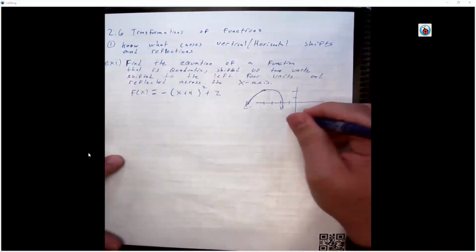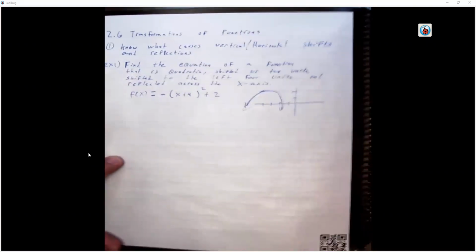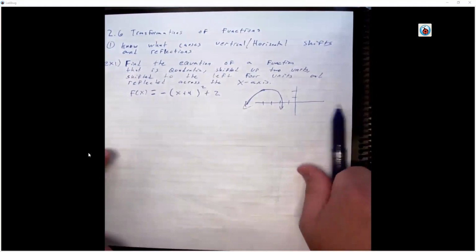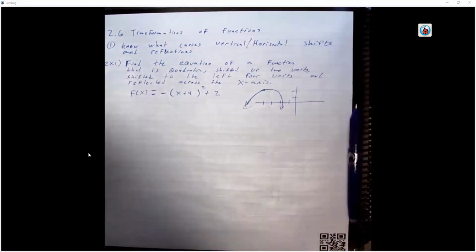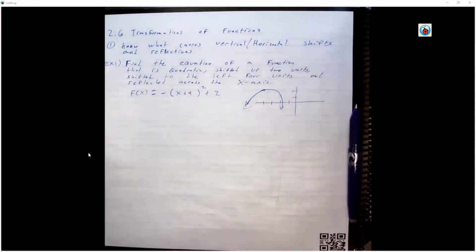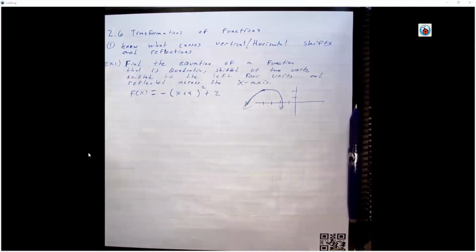Any questions on number 1? Yeah. So as long as it's outside parentheses, it's going to be up and down.